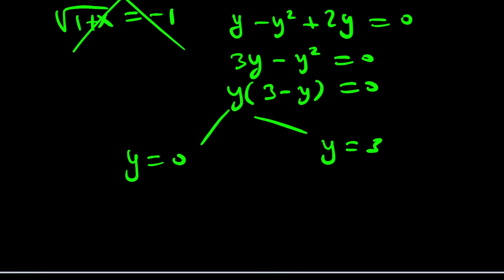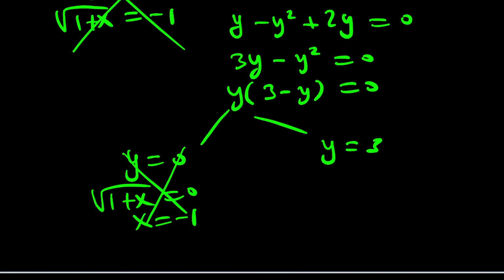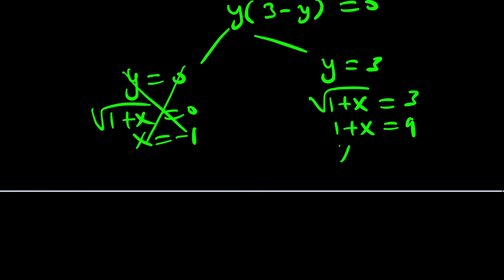Okay, what is y again? Square root of 1 plus x. If this is equal to 0, from here x equals negative 1. Uh-oh, that's not good. If y is equal to 3, the square root of 1 plus x is equal to 3. That means 1 plus x is equal to 9, which means x is equal to 8. And as we know, x equals 8 is the only solution to this equation.